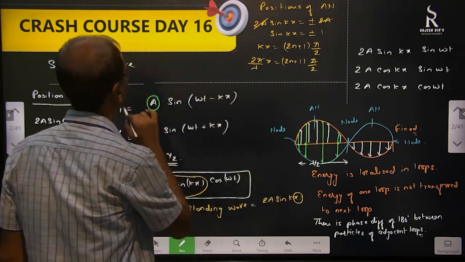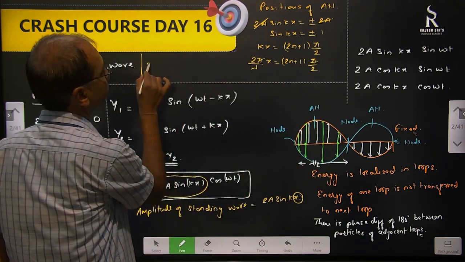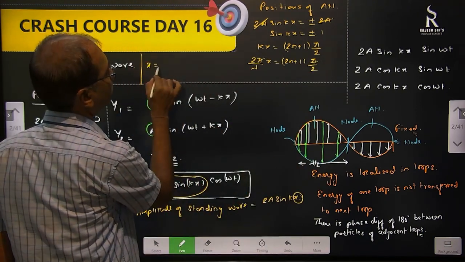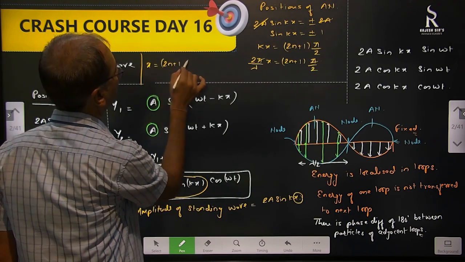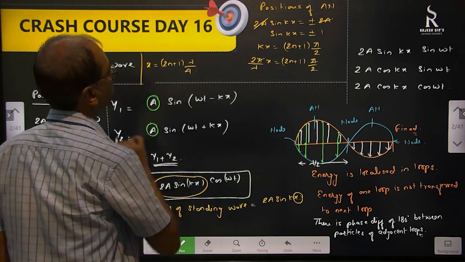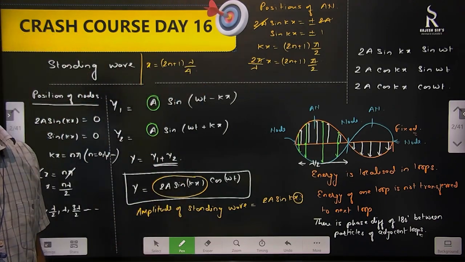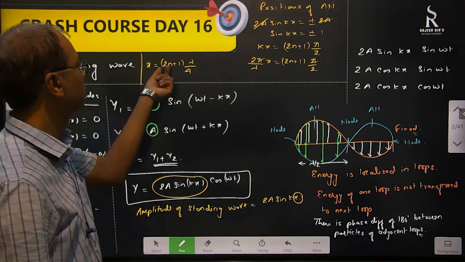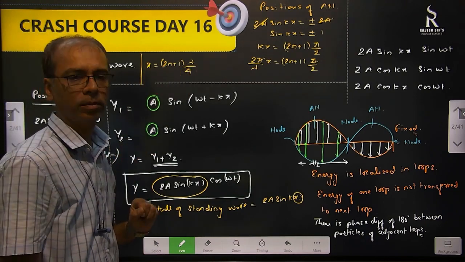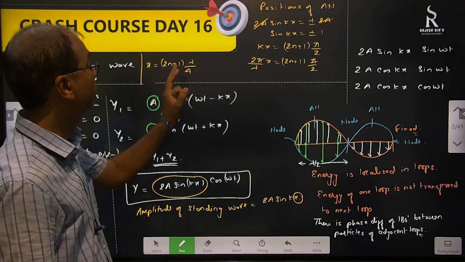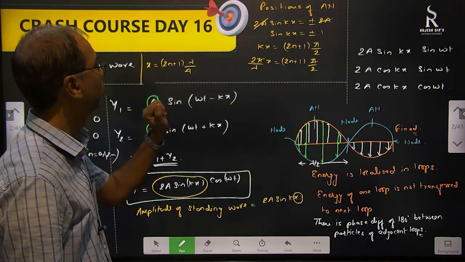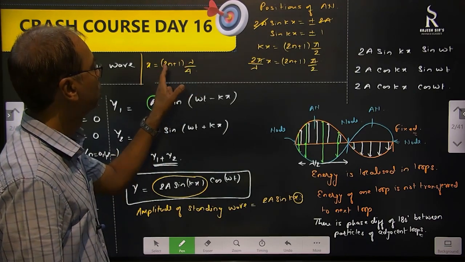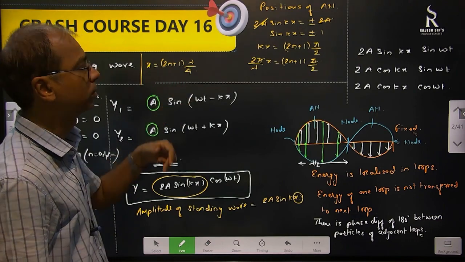So the x value that I am getting here is (2n plus 1) into lambda by 4. Now n value is 0, so x value comes lambda by 4. If you keep n value 1, 2 plus 1, 3 lambda by 4.